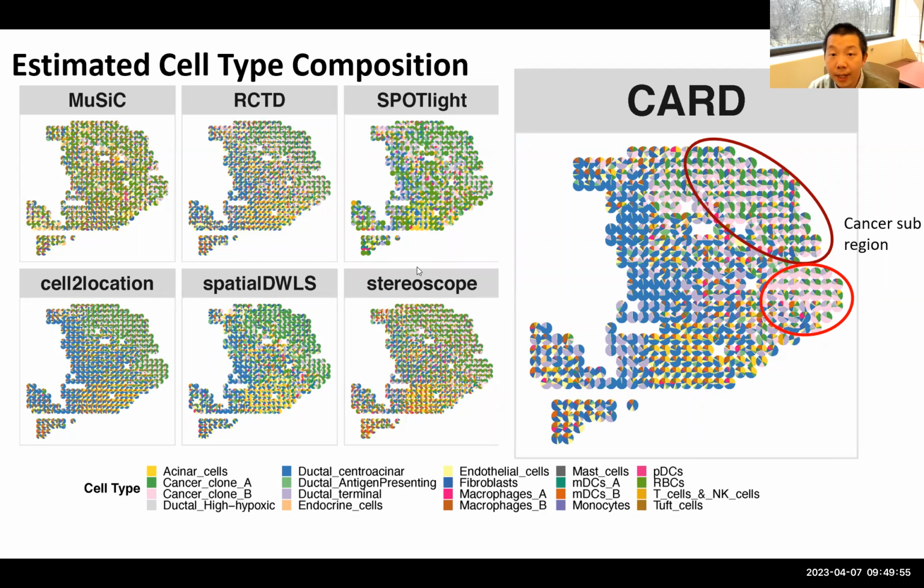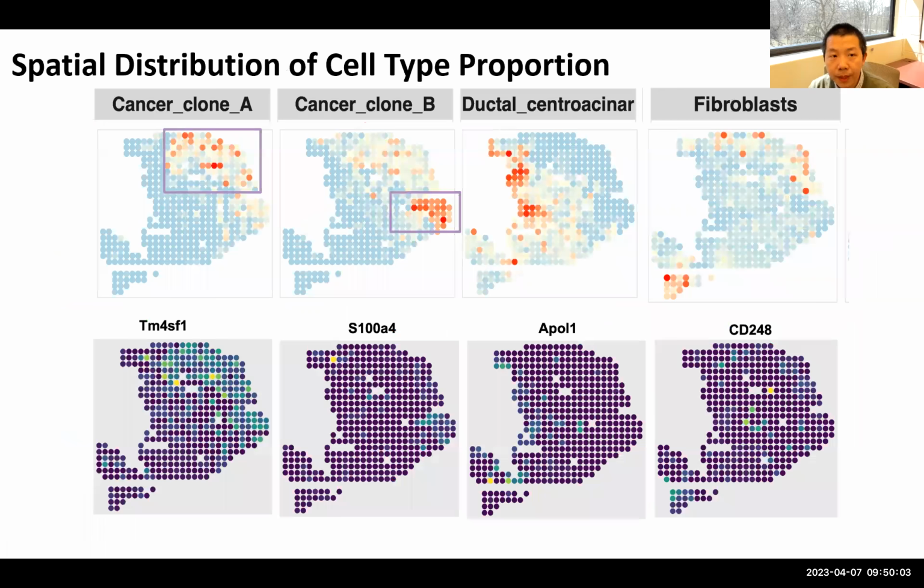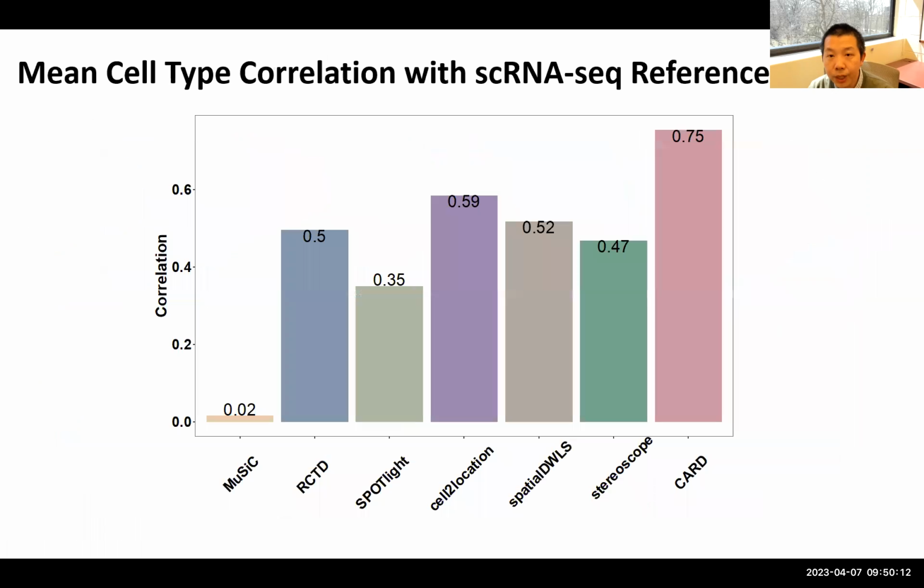So therefore, it indicates that this cancer region is heterogeneous and contains a progression from initial stage to a later stage cancer. You can validate the cell types and distribution by looking at the distributions of different cell types on the tissue. You can also quantify the accuracy by performing a correlation with single cell RNA sequencing data.